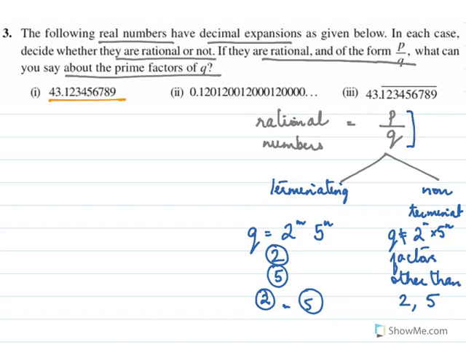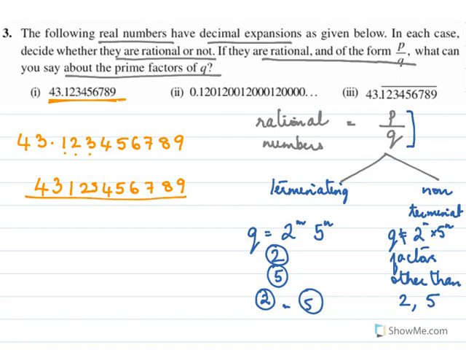So let us take up the first one. This is 43.123456789. So I can write it as 43123456789 over, there are 9 decimal places, so 10 raised to 9.